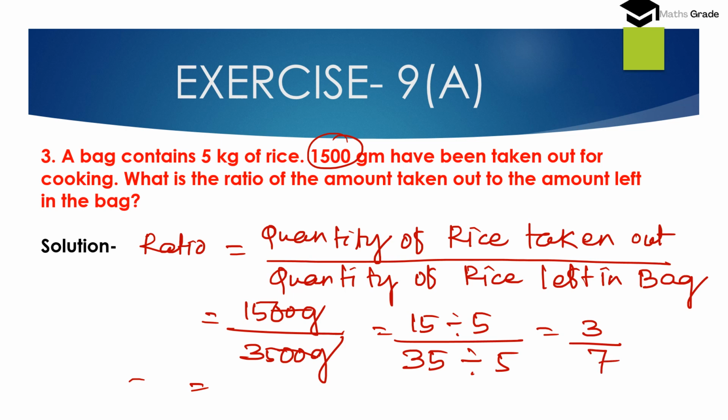So the ratio of the amount taken out to the amount left in the bag is 3 divided by 7, or 3 is to 7. So 3 is to 7 is the answer. The ratio of the amount taken out for cooking to the amount left in the bag is 3 is to 7.